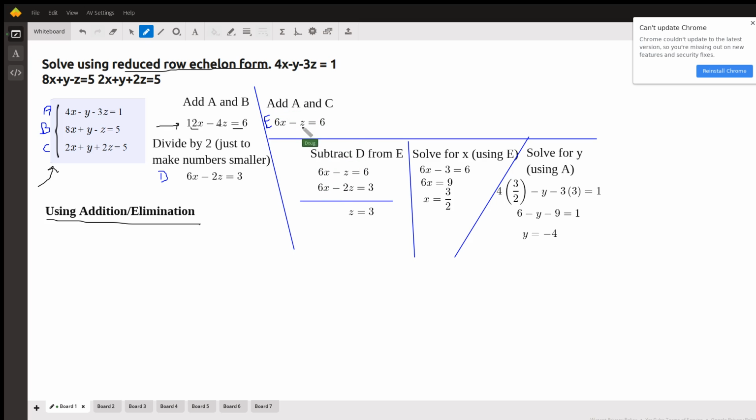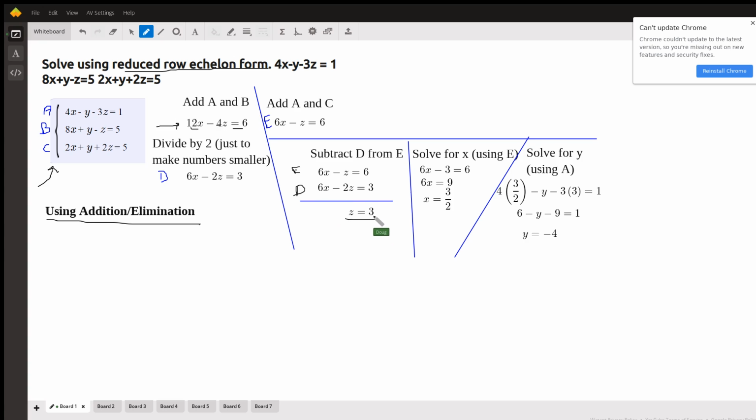So I can see that if I subtract D from E, the x's will disappear. So I rewrote E and D here. Subtract means multiply by -1 and add, if you want to think of it that way. So z is 3.